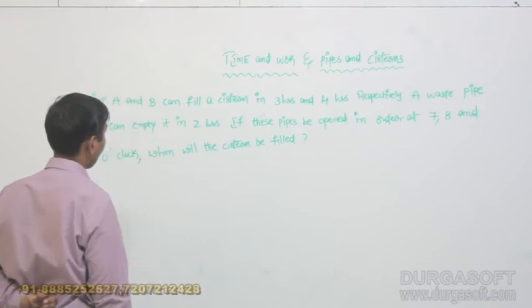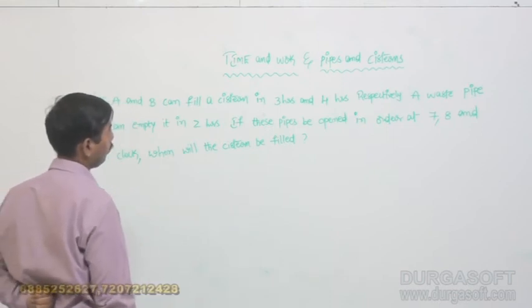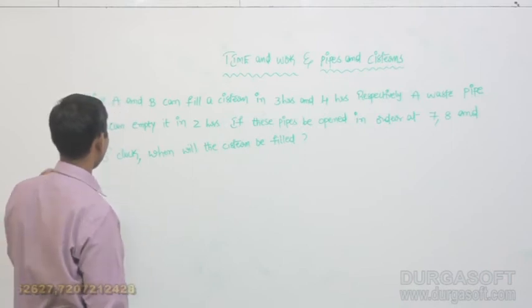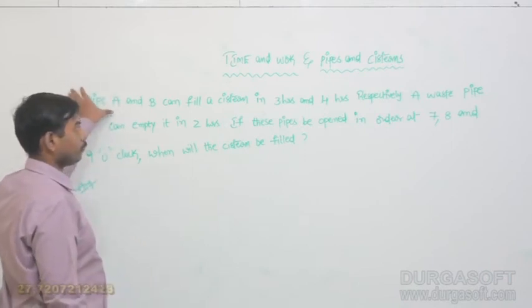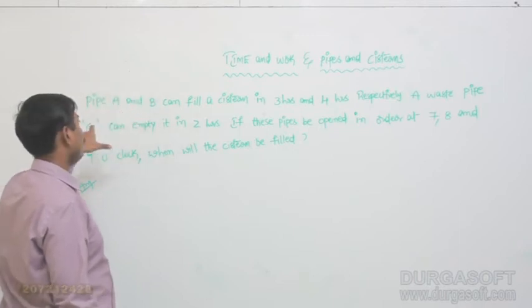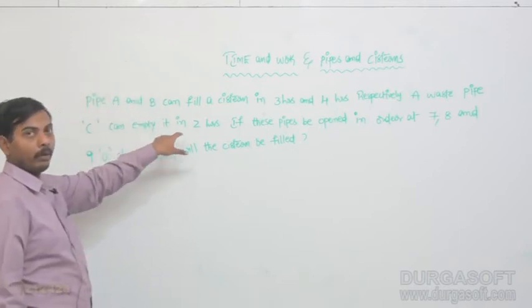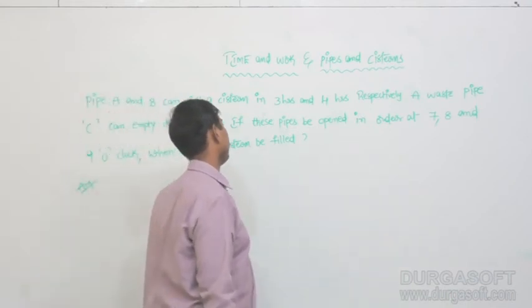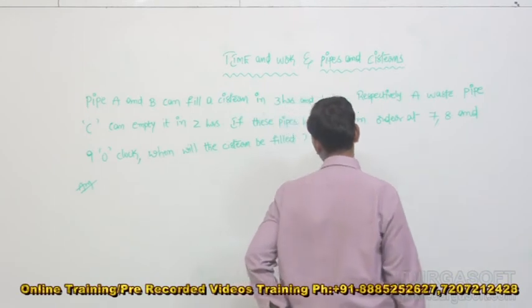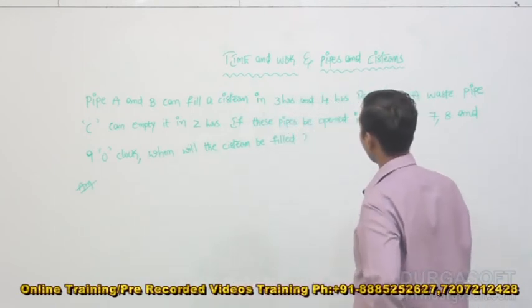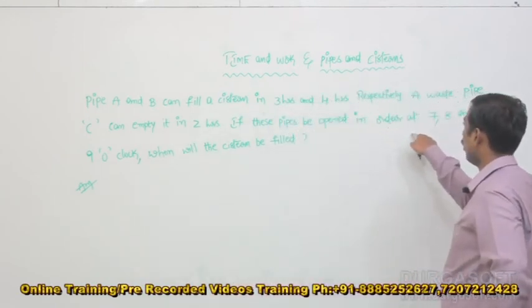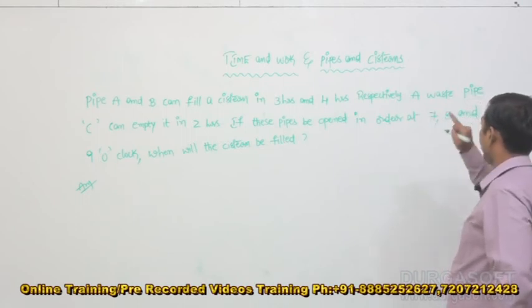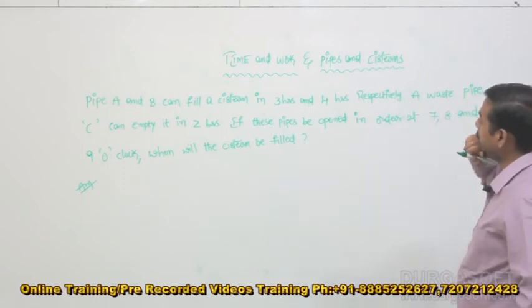Pipe A and B can fill a cistern in 3 hours and 4 hours respectively. We are talking about how many pipes here? The first 2 pipes are filling pipes and the last pipe is a leakage pipe that empties the complete tank in how many hours? 2 hours. If these pipes are opened in order, at 7 o'clock pipe A was opened and at 8 o'clock pipe B was opened.